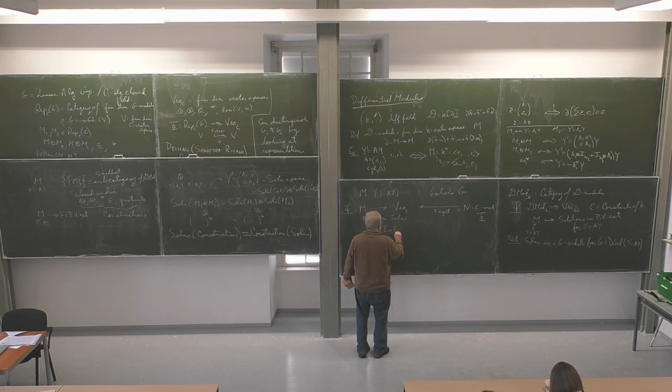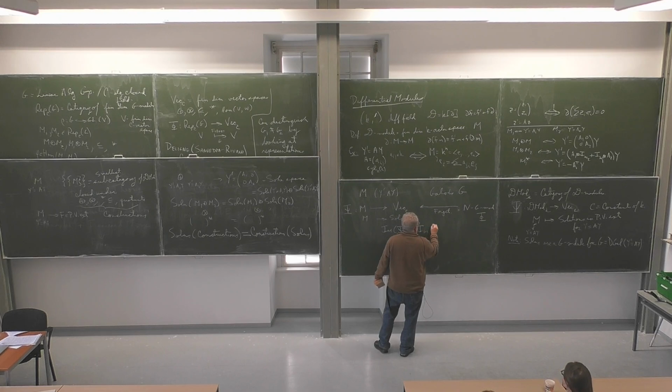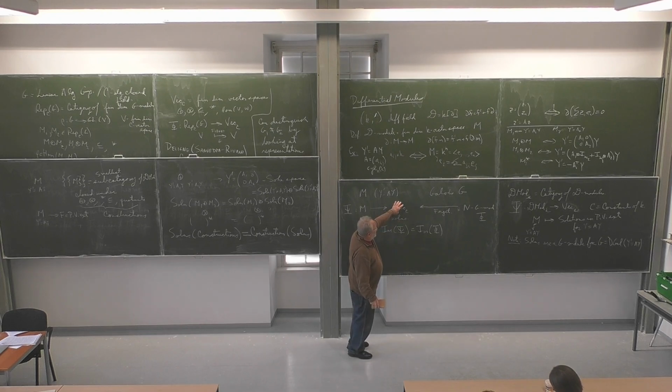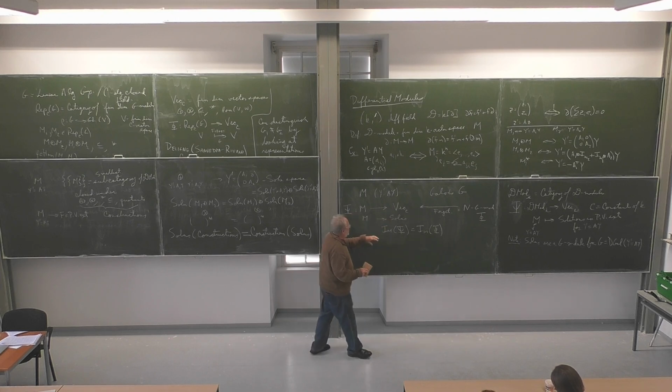Much more is true, but that is, the structure here of G modules and their subspaces and isomorphisms, forgetting that they came from G modules, is the same as what I get when I look at solutions.